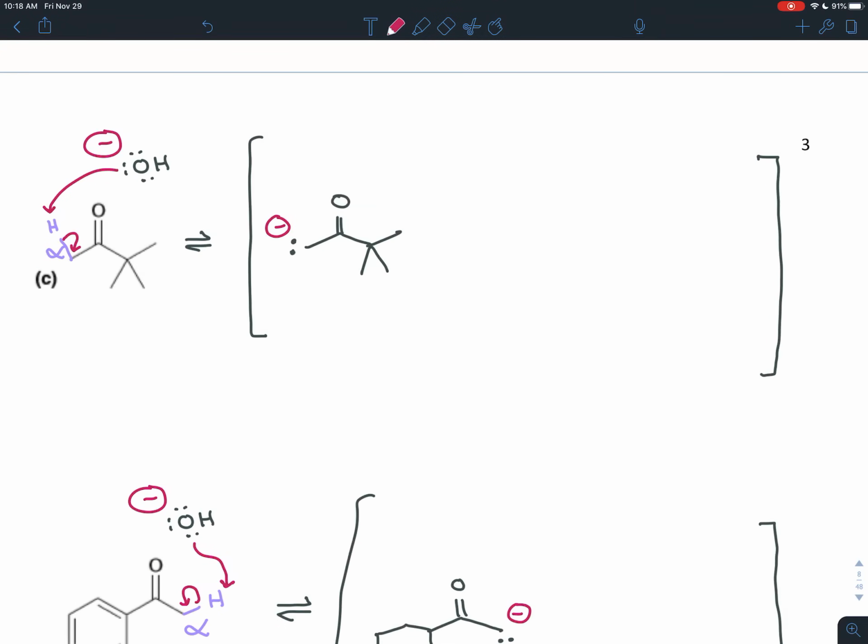In this case, you have that lone pair going toward the pi bond and the pi bond going away from the lone pair.